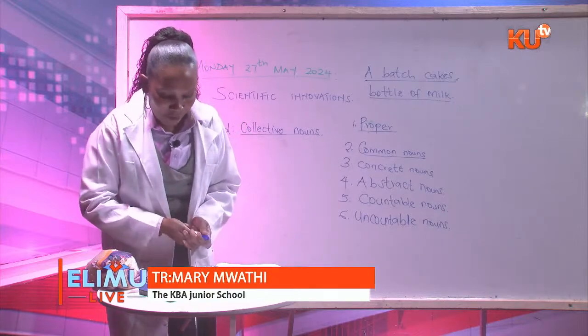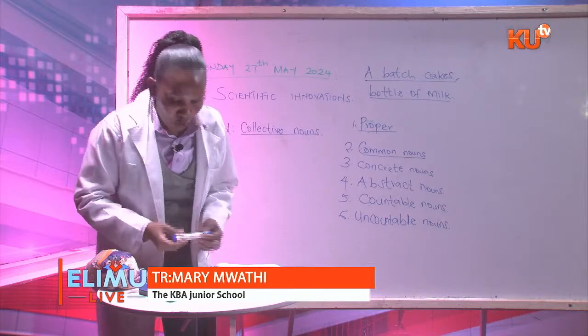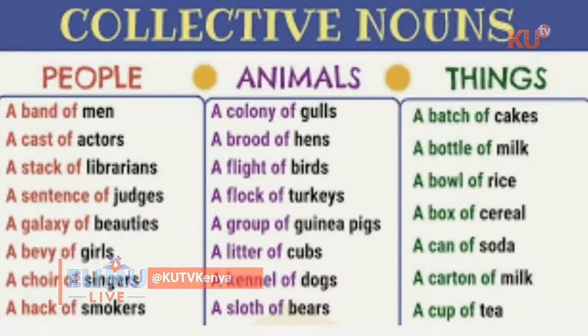We also have a bowl of rice. A bowl of rice. When you are given a plate of rice, we call it a bowl of rice. Then we go to the next one.